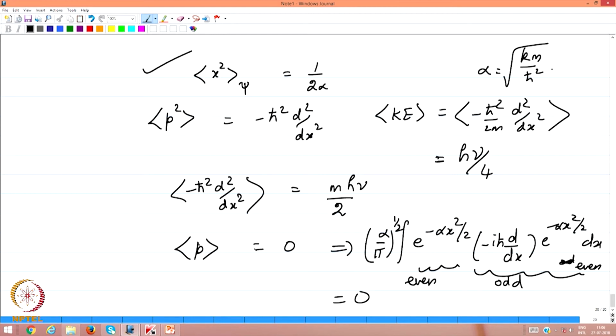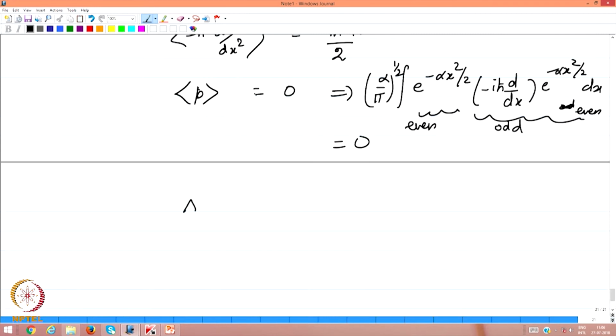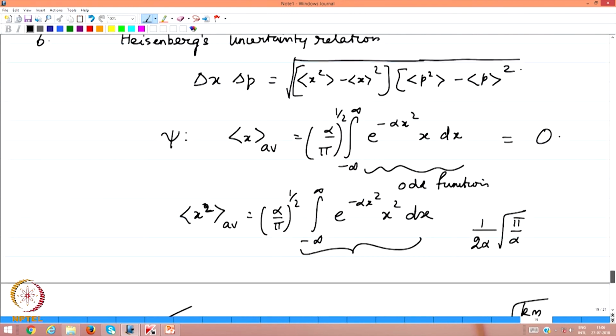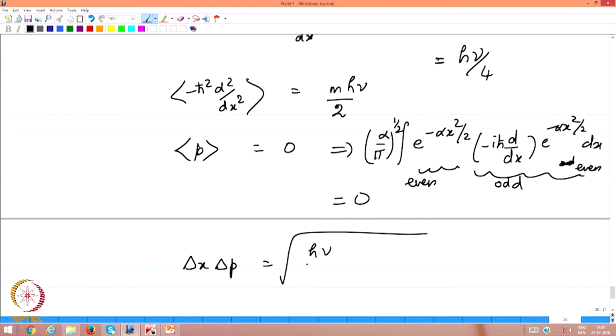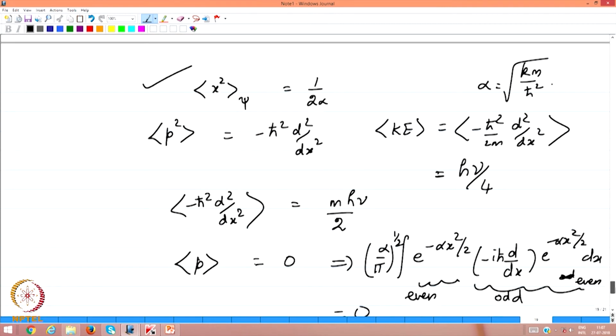Therefore, p average is 0, p square average is m h nu by 2, x average is 0, and x square average is 1 by 2 alpha.